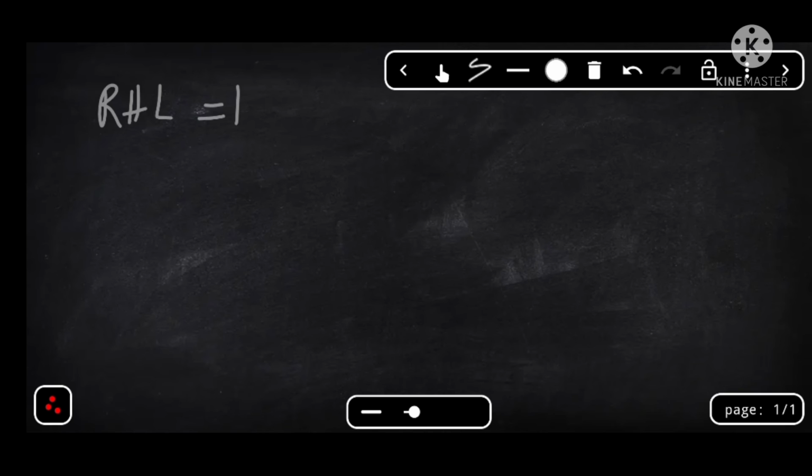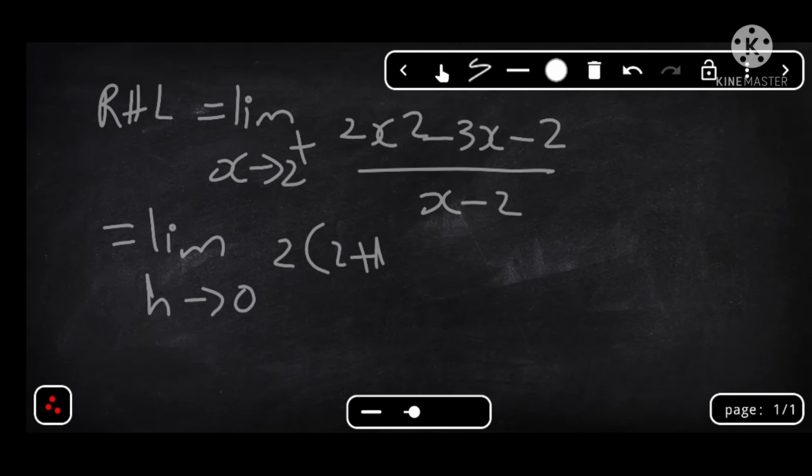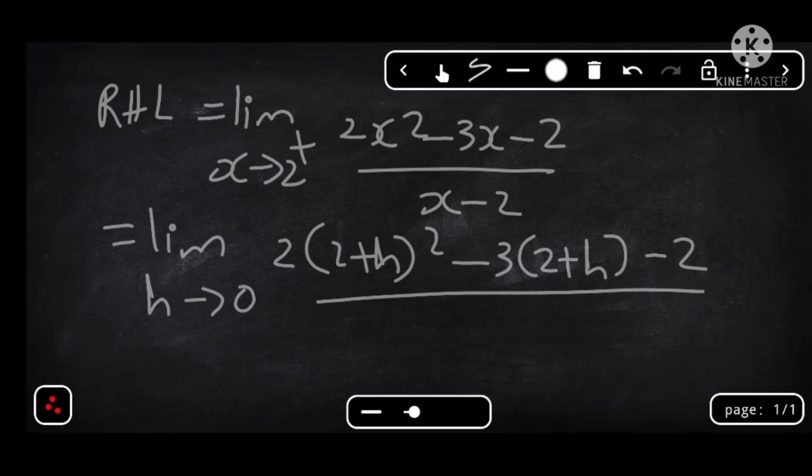RHL equals the limit as x tends to 2 plus of (2x² − 3x − 2) divided by (x − 2). So the limit as h tends to 0 of (2(2 + h)² − 3(2 + h) − 2) divided by (2 + h − 2).